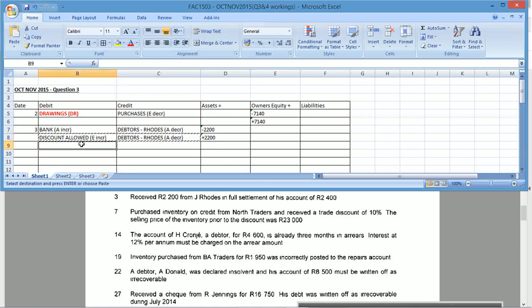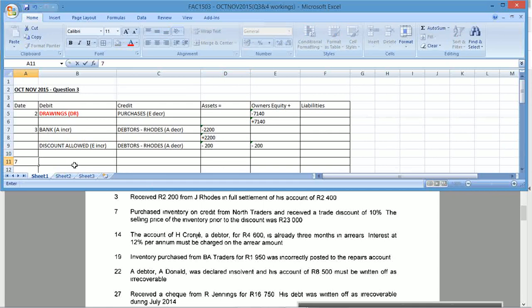So this would be another minus 200, and then if discount allowed goes up, this is going to go down. There we go. That's what you would record. Sorry, I didn't look at the figures correctly. It's 2.2 and it's 2.4. There is a discount.